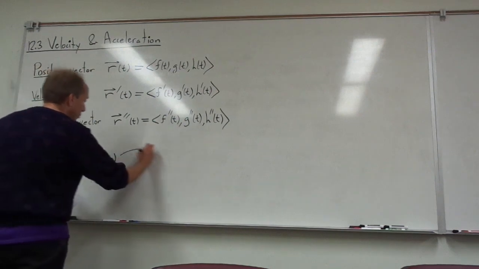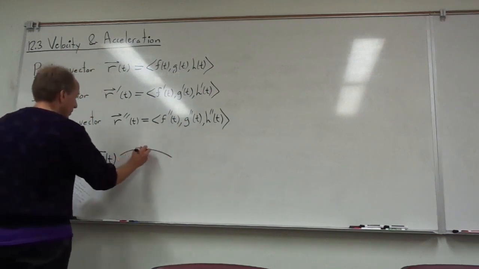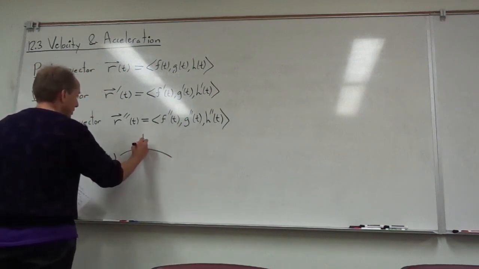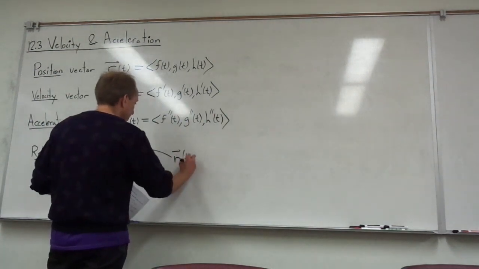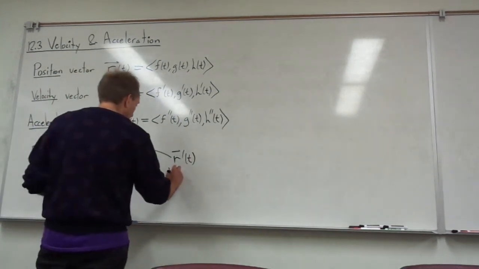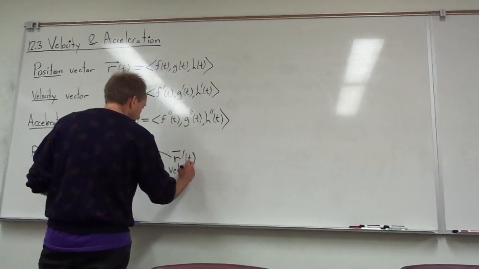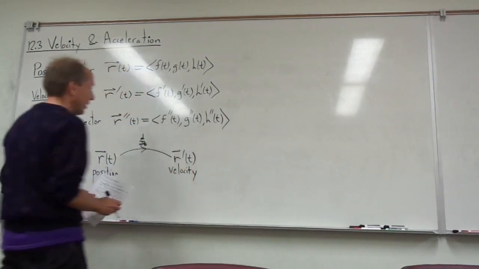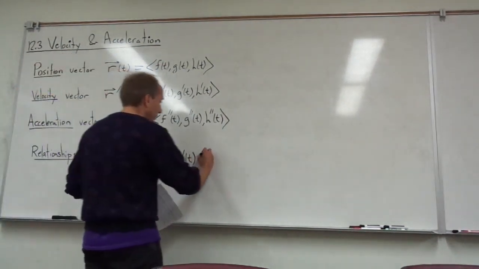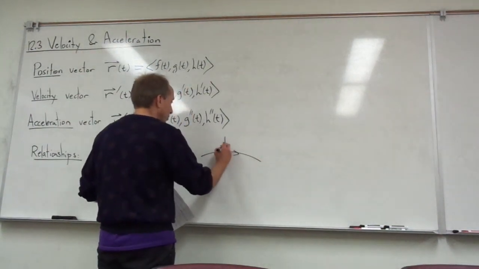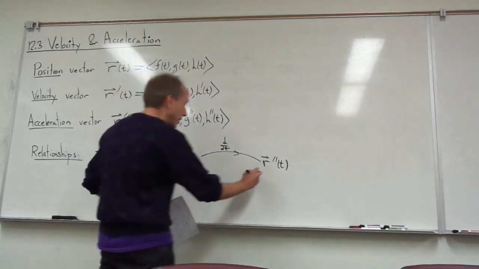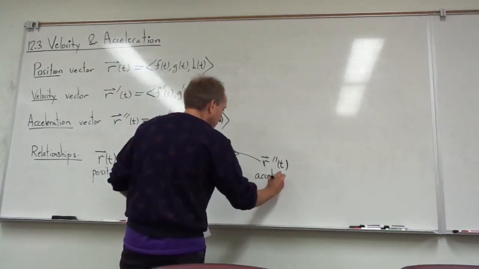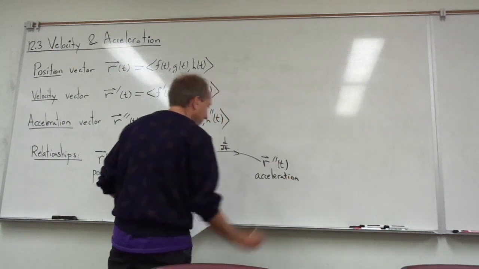Okay, and then if we come across here, by taking the derivative with respect to t, I'll just denote that with this little Leibniz d/dt expression, well, then we get the velocity vector, r prime of t. That's the velocity vector right there. And then if we do this again, we're going to get the second derivative of the position vector, and that is the acceleration vector. Okay, so here it is right here.